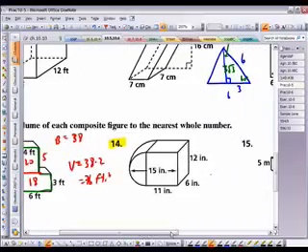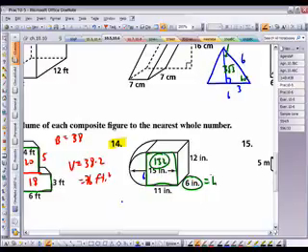Number 14, we do the same idea. The base is going to be from front to back, the height. So that's the height. Height is equal to 6. Now, we'll look at these two pieces. First, we've got the rectangle. The rectangle is 11 by 12, so that's 132. Then we've got to get the circle. There's a semicircle here, and so if this is 12, we know this is 12, which makes the radius 6.